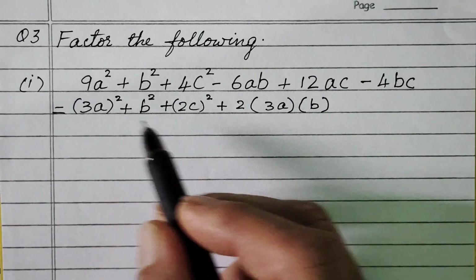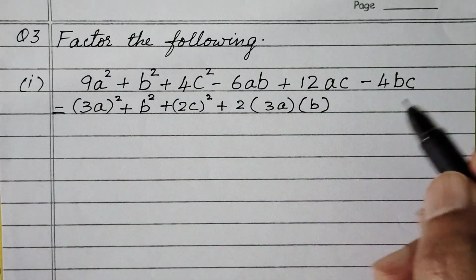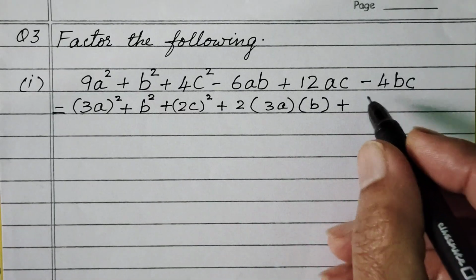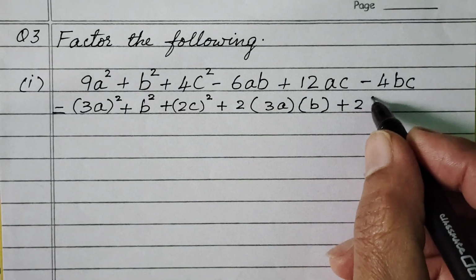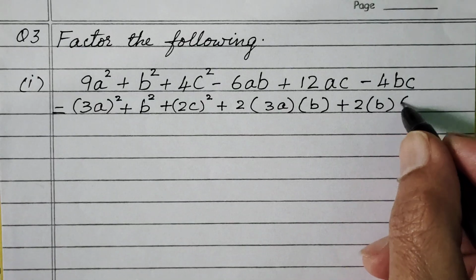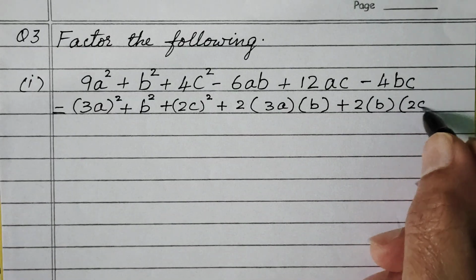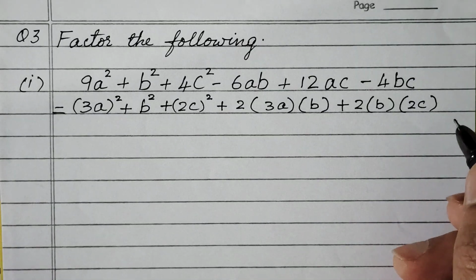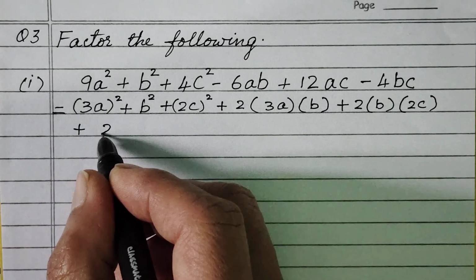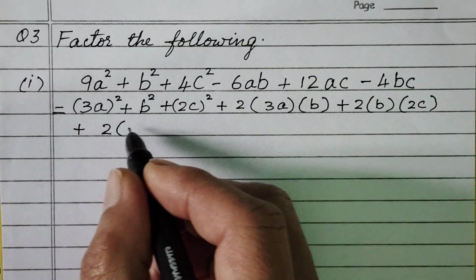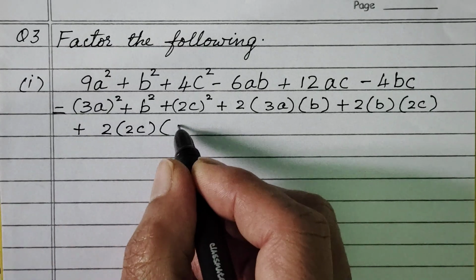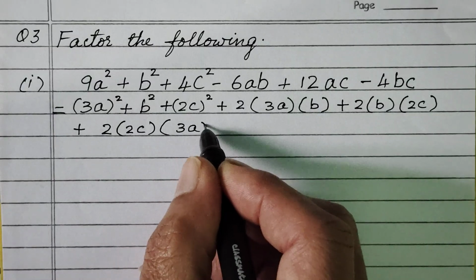So 2ab, 2 into a into b, plus 2bc, 2 into b into 2c, plus 2ca, c is 2c into 3a.